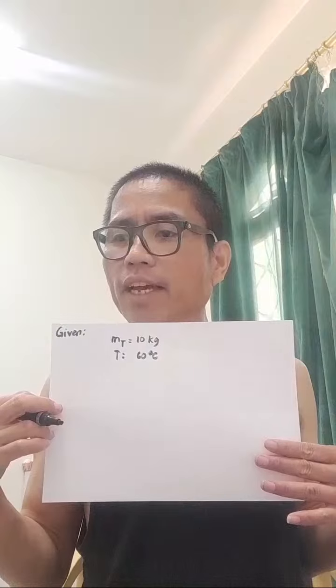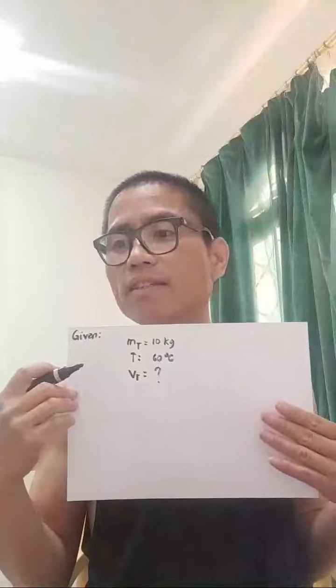And there are remaining vapors. Determine the volume of the tank, so this is volume total. Only the given is like this. And there's also 7 kilograms of water. This is going to be our mf, the mass of liquid, equal to 7 kilograms.